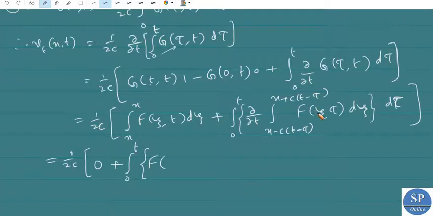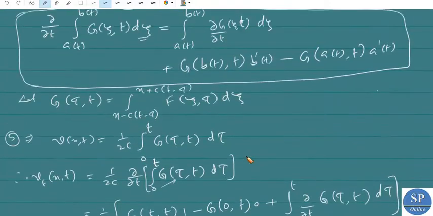f of zeta can be replaced by the upper limit, that is x plus c into t minus tau comma tau, into the derivative of the upper limit, minus g of, replacing this by the lower limit, into the derivative of the lower limit.